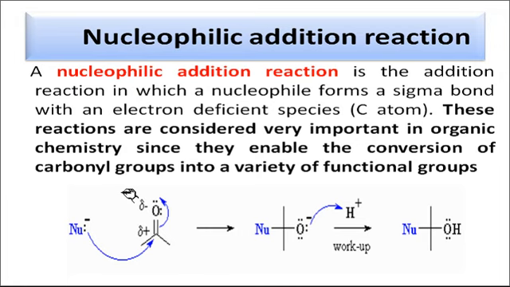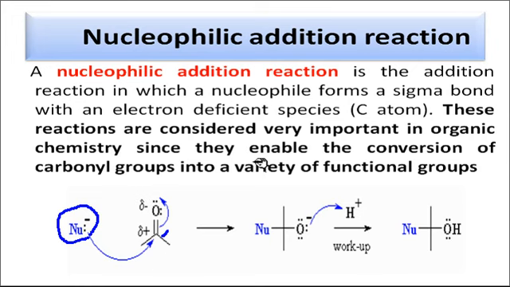So basically, what are the nucleophilic addition reactions? The nucleophilic addition reactions are those reactions in which the nucleophile attacks on the electrophilic carbon and adds on the electrophilic carbon center.